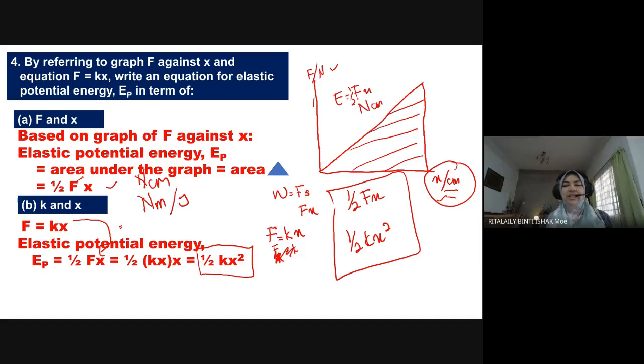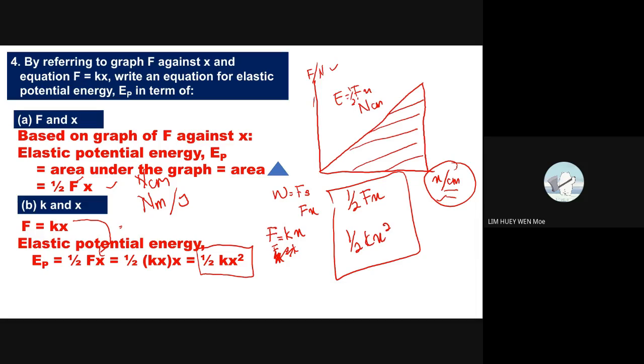So if the unit in the question is not SI unit, but the choice of answer is in SI unit, you need to convert everything to SI unit before you can get the answer. Okay? Then if in structure questions they didn't ask for the SI unit, we don't need to change the unit.